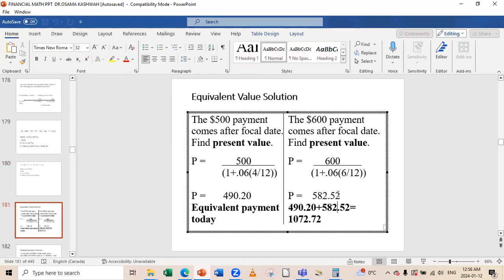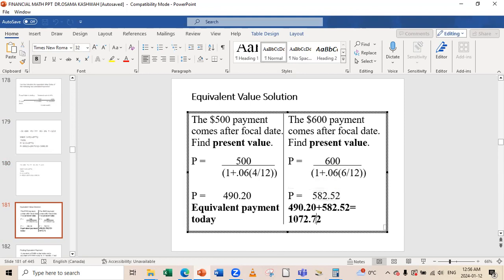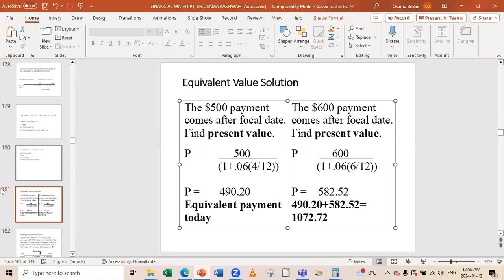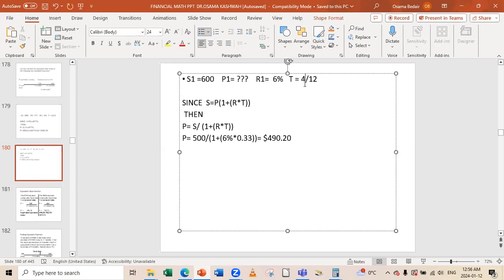It will give me 582.52. When I do it with the calculator, like I showed you before, it will be shown that way. Here we go. 600, and here it is 6 divided by 12. These are 6 months divided by 12, and like I said, this will be 600.